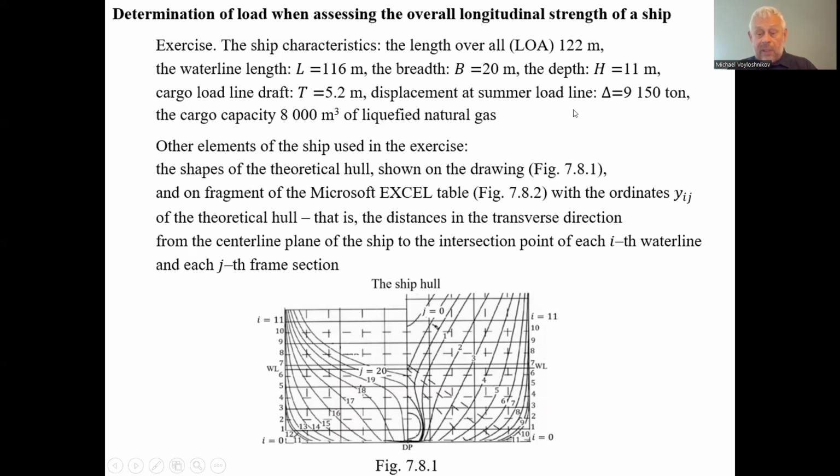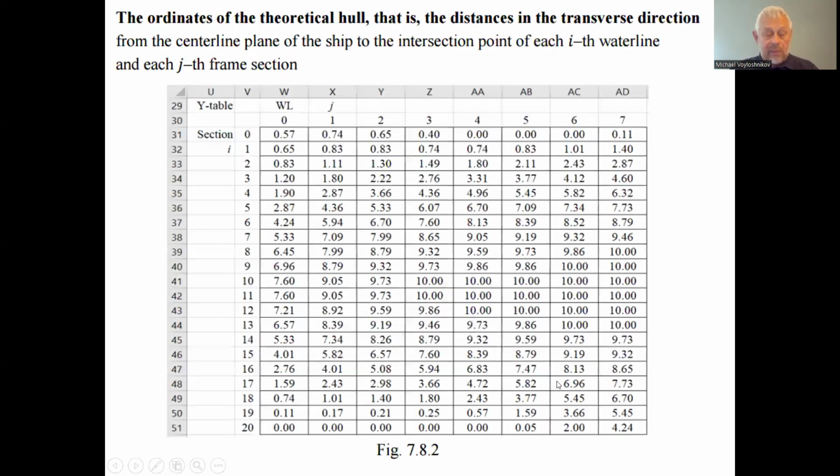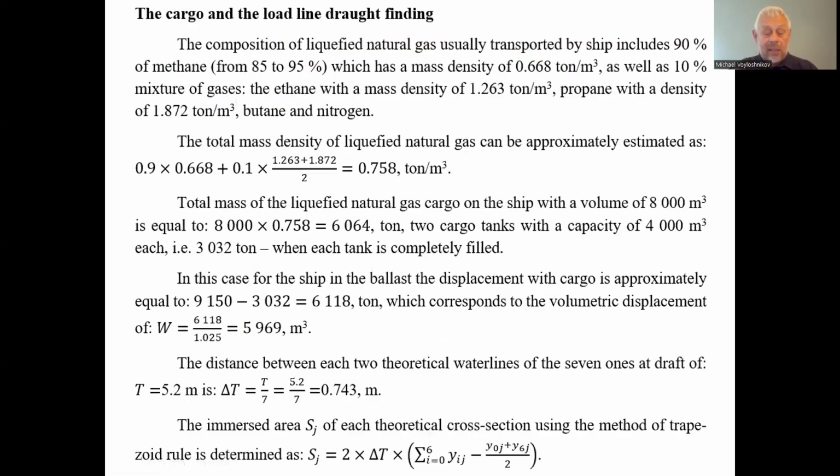So if we divide the draft of the cargo water line 5.2 by 7, we can find approximately the distance between each two theoretical water lines equal to T divided by 7, 0.743 meter between each of the theoretical water lines.